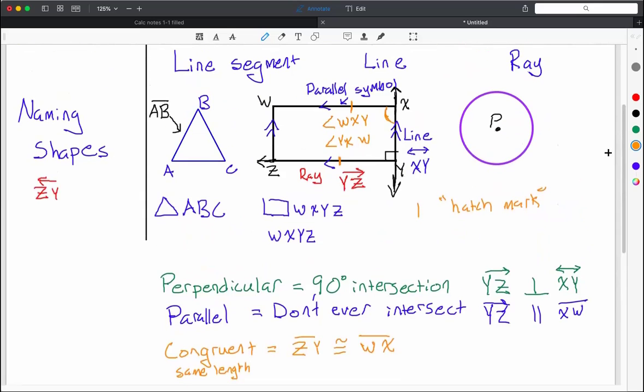And then this is kind of silly, but you can say the way that you talk about circles, which we don't need yet. I don't know why I put it on here. This is just called circle P. If you're talking about it to your friend, you can say that this is circle P. The point at the very center of the circle is what defines the circle. Then another one with a different center is circle, I don't know, star.